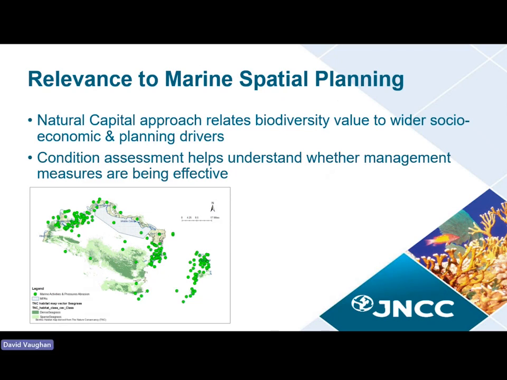Looking at marine spatial planning, this is the seagrass map that we've got. Marine spatial planning takes into account a number of different factors. It looks at socio-economic effects and requirements, it looks at development plans, it looks at a whole raft of marine industries on top of the habitats and so on.